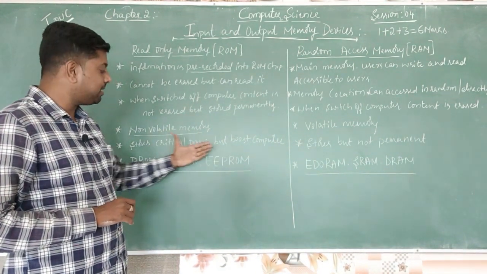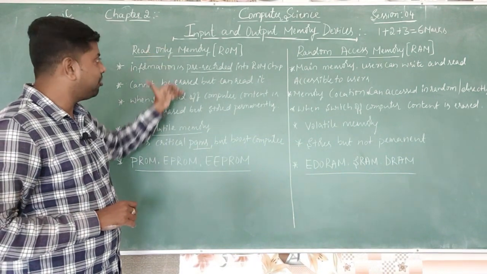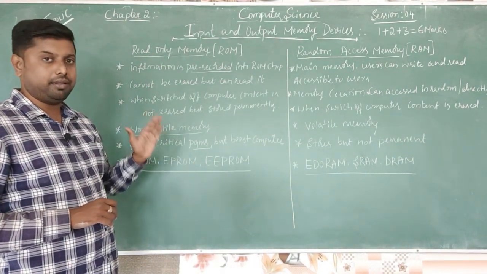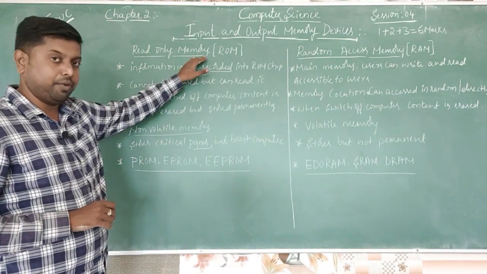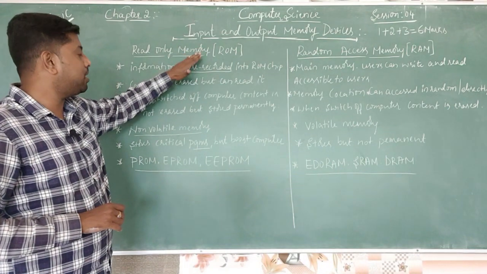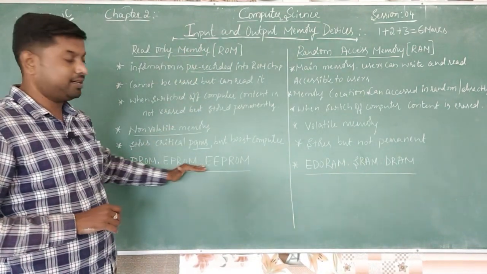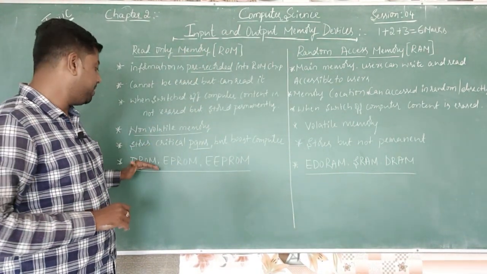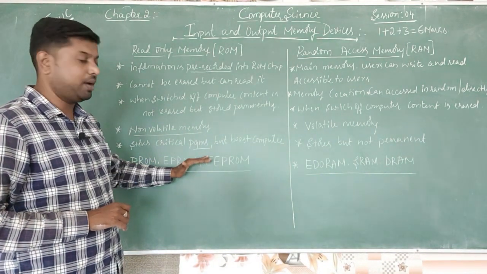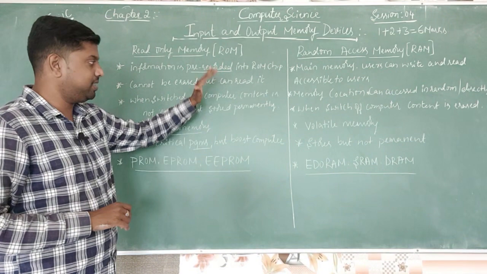So these are some categories of the ROM. For your examination, they may ask what are all the categories of the ROM? We have three types of ROM: PROM, EPROM and EEPROM.